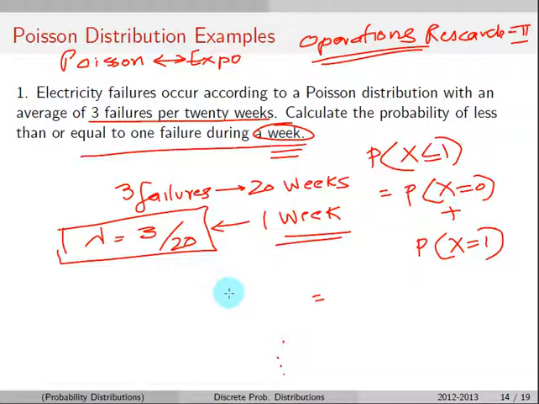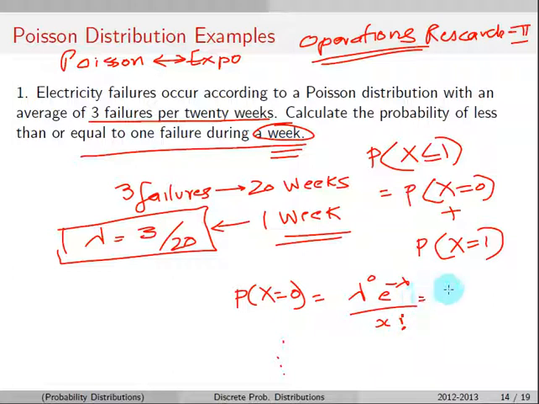So the probability that x equals 0 equals lambda raised to 0 times e raised to negative lambda, divided by x factorial.